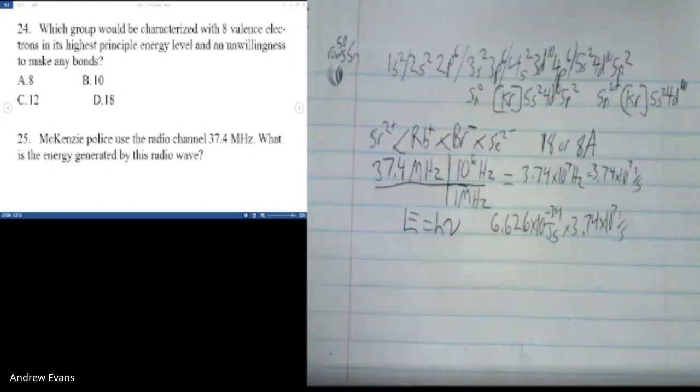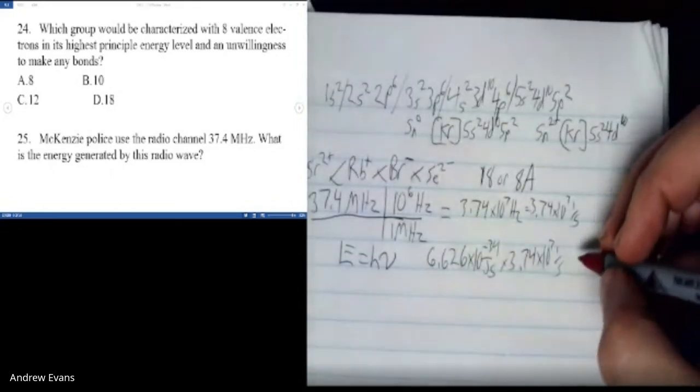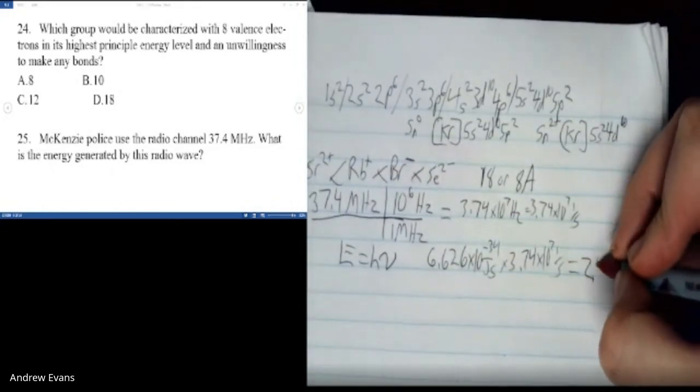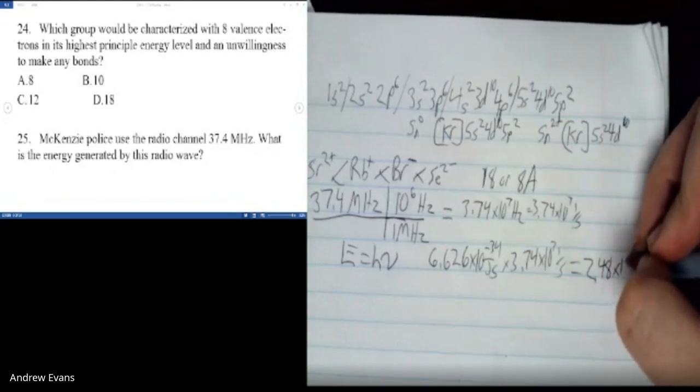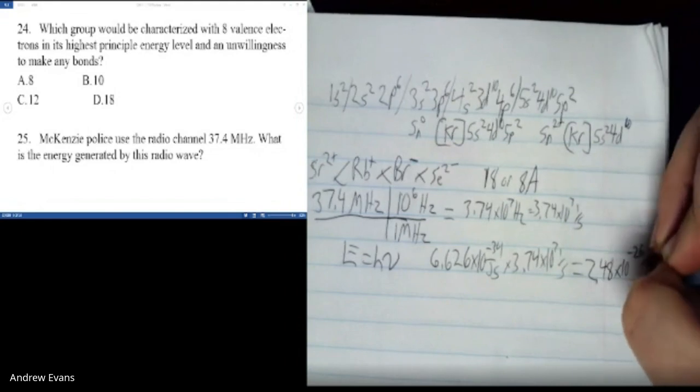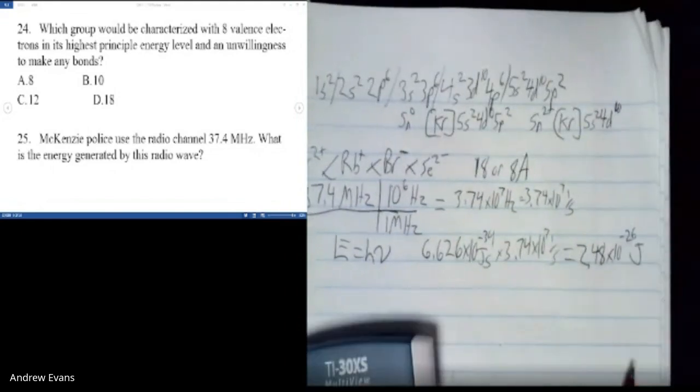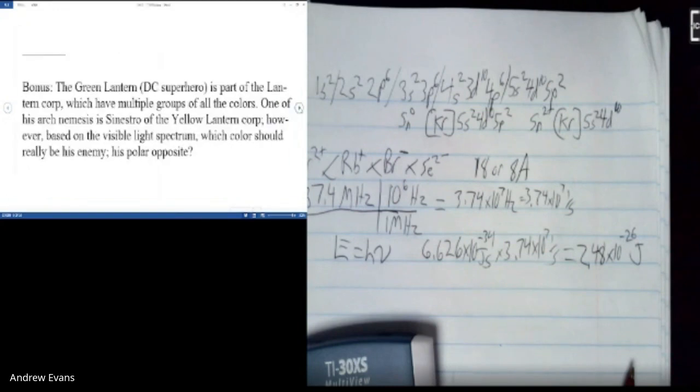When we do that, 6.626 times 10 to the negative 34th times 3.74 times 10 to the 7th means we would have 2.48 times 10 to the negative 26th joules. Okay. All that is the math.